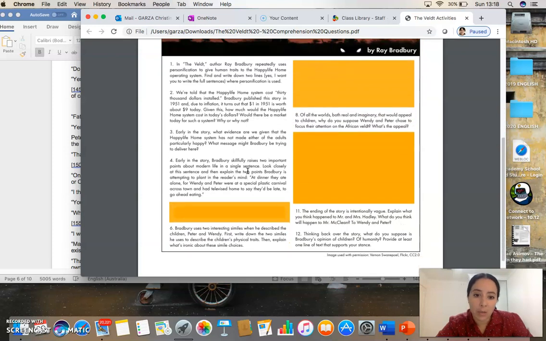All right, question 3. Early in the story, what evidence are we given that the Happy Life home system has not made either of the adults particularly happy? What message might Bradbury be trying to deliver here? Now, Lydia Hadley, as we can see throughout the story, is anxious and fretful. She says that she has too much time to think and that she's feeling quite useless.